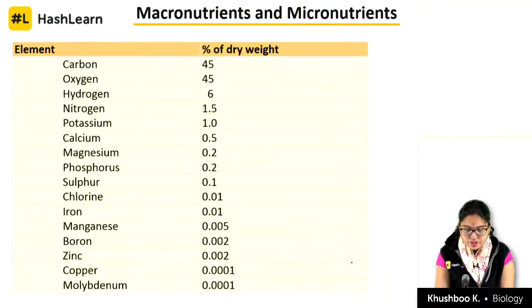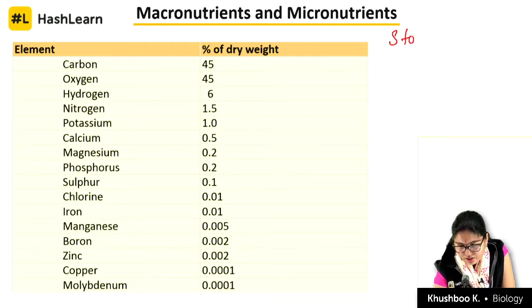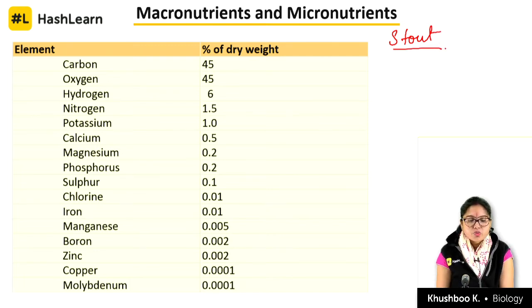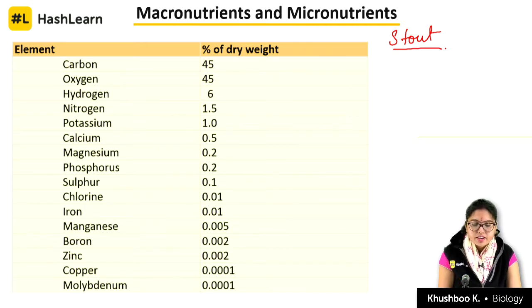So this list which is on your screen was actually given by D.W. Arnon in 1976, and this was based on the ash analysis or dry matter analysis of Stout. This is the name of the person, and he gave this in 1961. So this is the list of elements and their percentage in dry weight.